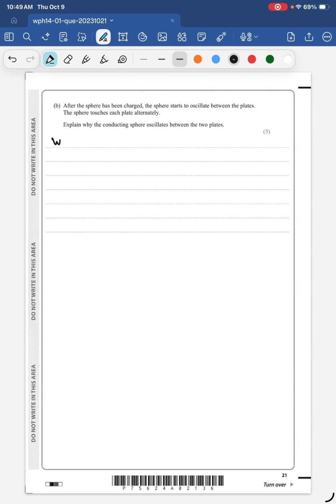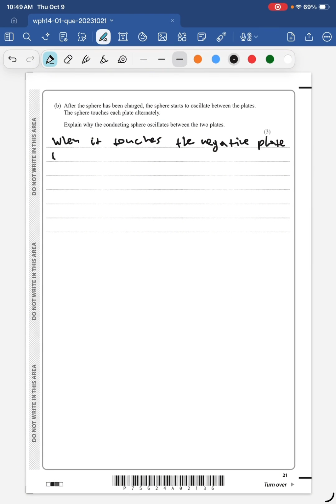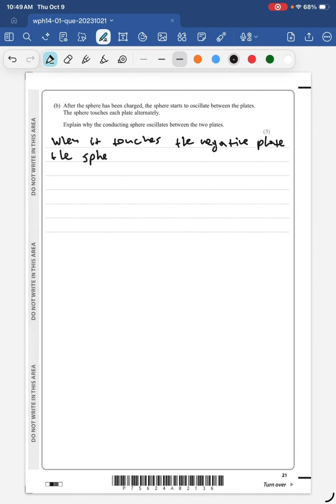So when it touches the negative plate, the sphere becomes negative, right? Due to the conduction of electrons onto the sphere, pretty much, okay?